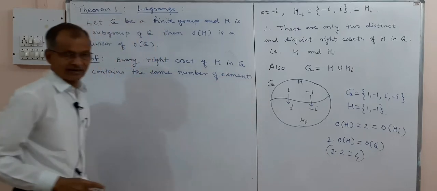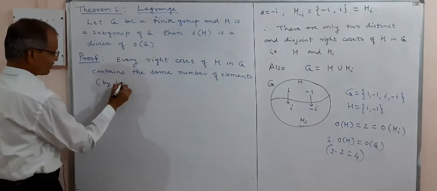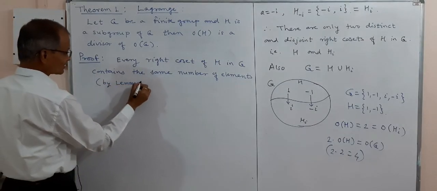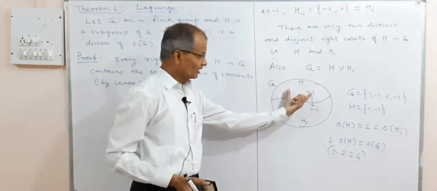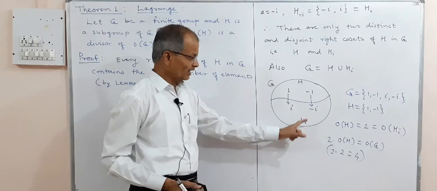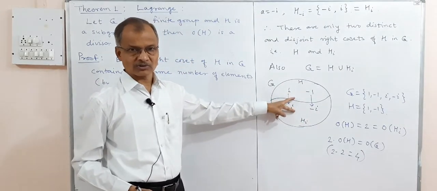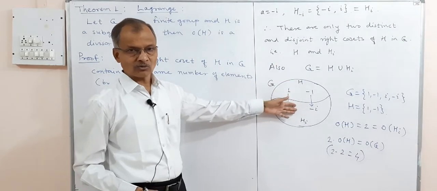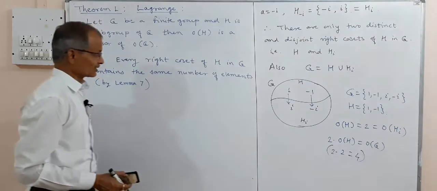This is by lemma 7. Because there is a one-to-one correspondence between any 2 right cosets, there is a one-to-one correspondence between H and HI. So the number of elements in H and HI, here only 2 right cosets are there. If there are more than 2 right cosets, then each right coset will contain the same number of elements.